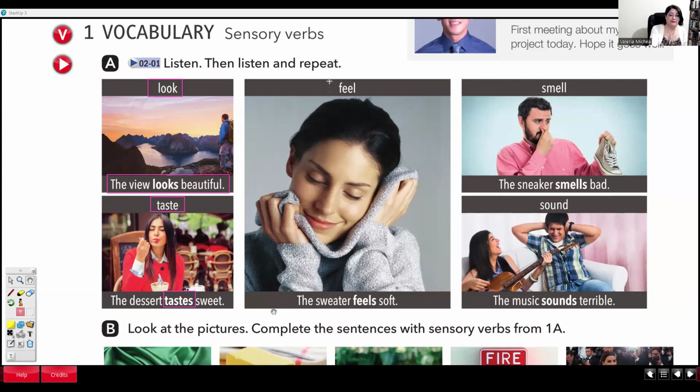And then we have the verb feel, which is related to things that you can touch. For example, this sweater feels soft. So it's related to the touch. Then we had the verb smell, which is related to the nose, or our capacity to smell things.